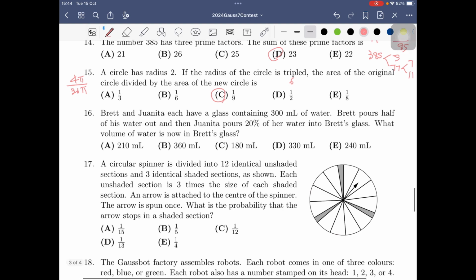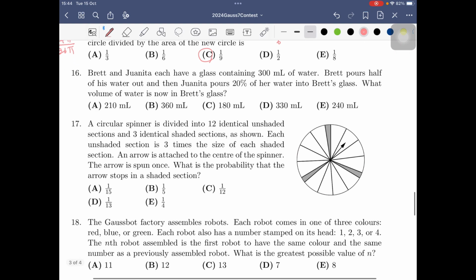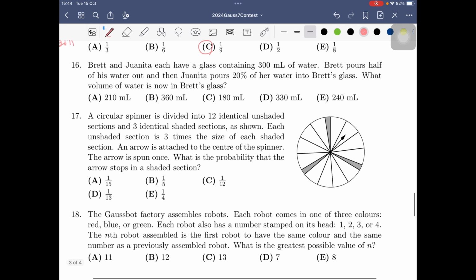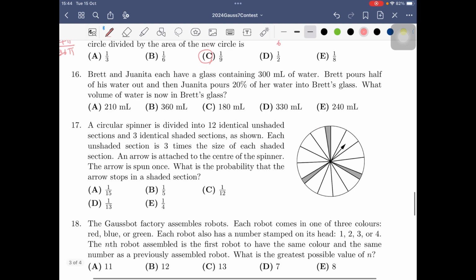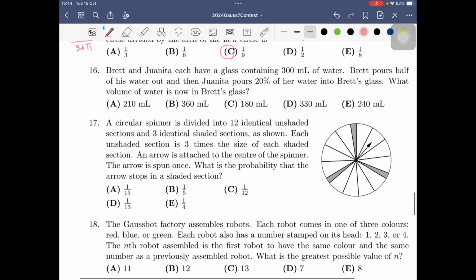Brad and Gelatina each have a glass containing 300 milliliters of water. Brad pours half of his water, and Gelatina pours 20% of her water into Brad's glass. So in the beginning, it is 300 and 300. First step, this is Brad and this is Gelatina.